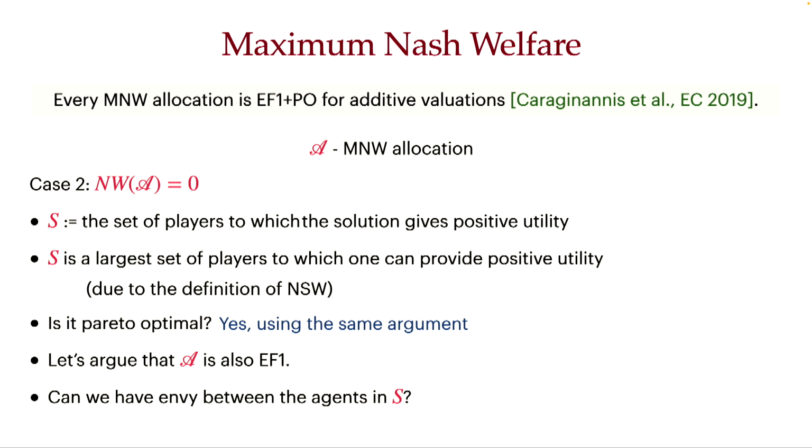So, using the same argument, we know that there is no envy between any pair of agents within S. Outside it may be, for now.